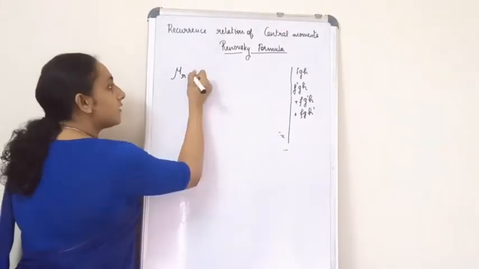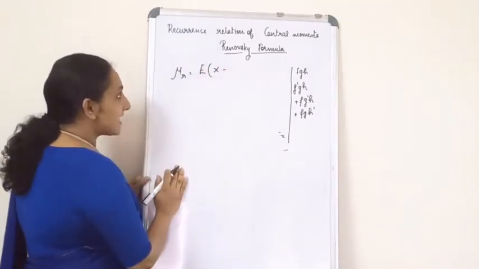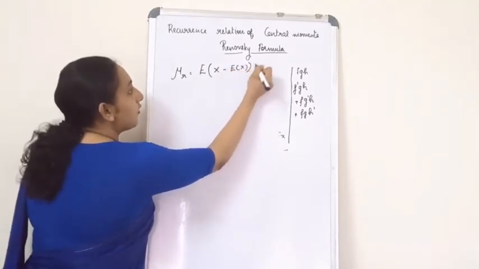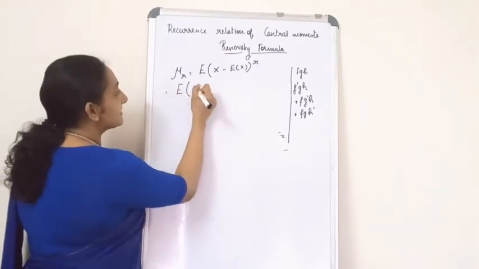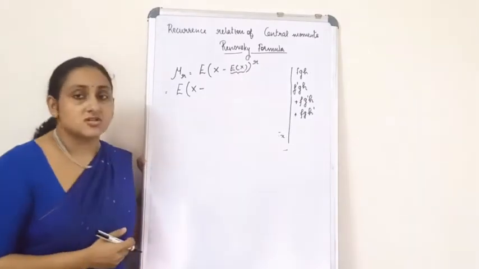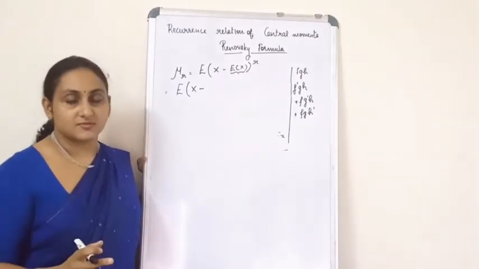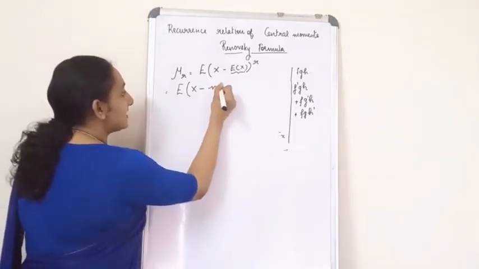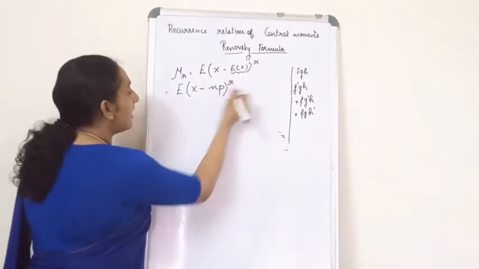I hope you all remember the formula of mu r: expectation of x minus expectation of x, the whole raised to r, which is equal to expectation of x minus, and I hope you know what the expectation of x is in a binomial distribution. It is np, right? So x minus np, the whole raised to r.